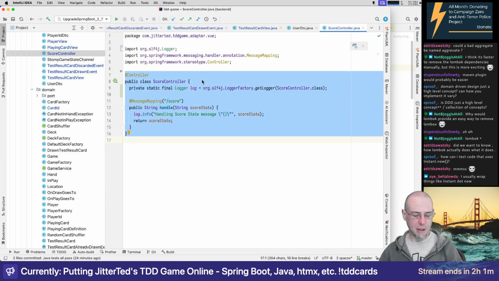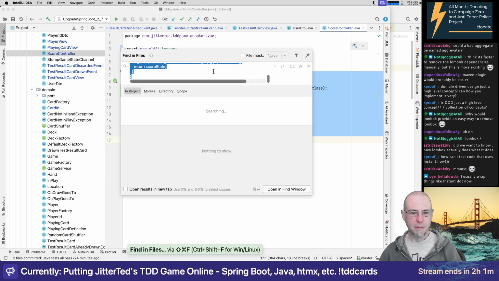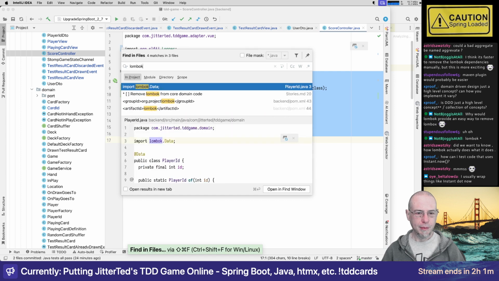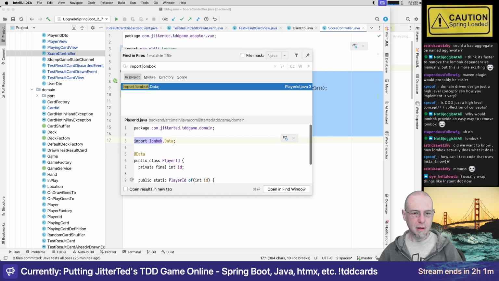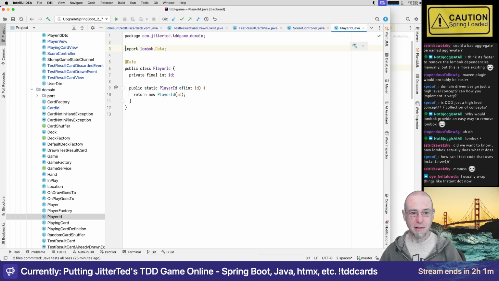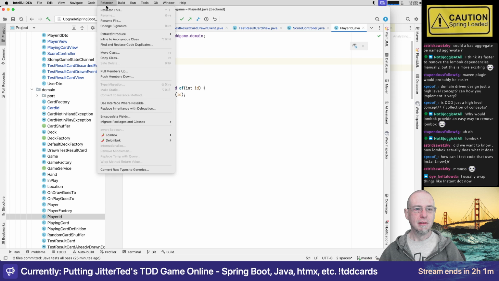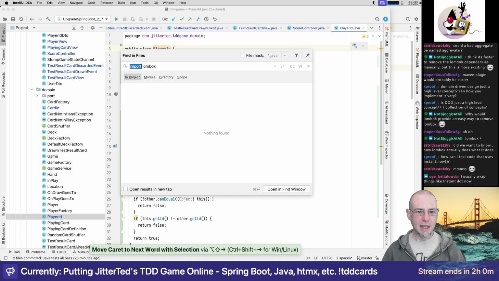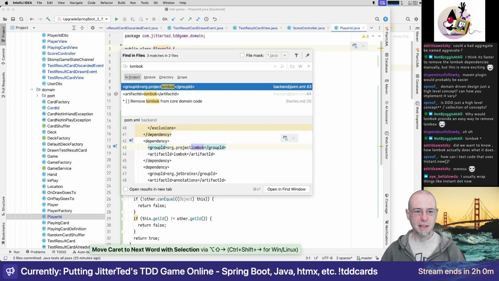Oops. So what's the next one? No. Unlock. Actually, import. Is that it? Is that the last one? Let's see. Looks like that's the last of Lombok. Yes, it is the last of Lombok.